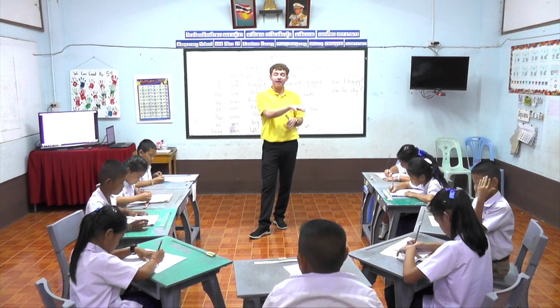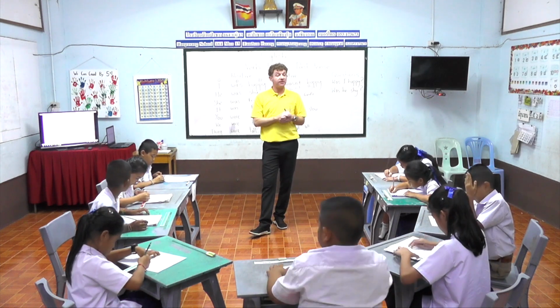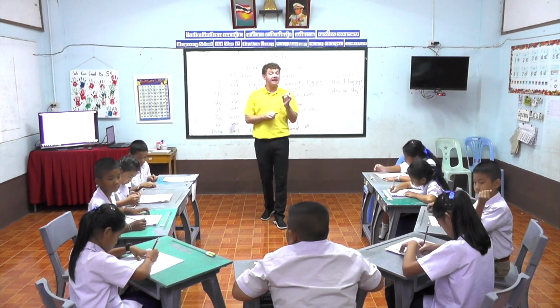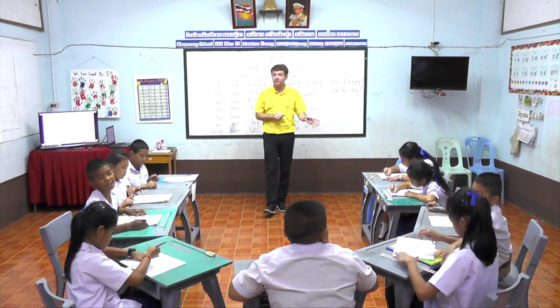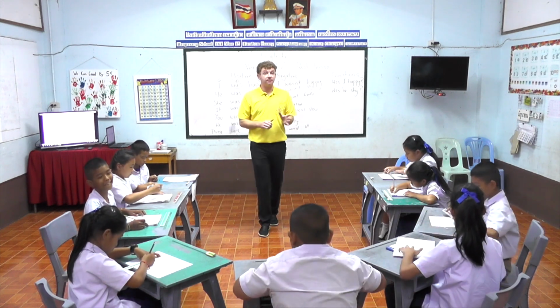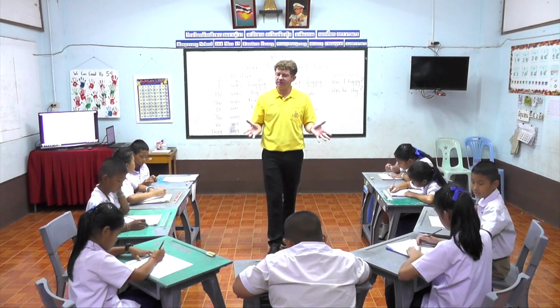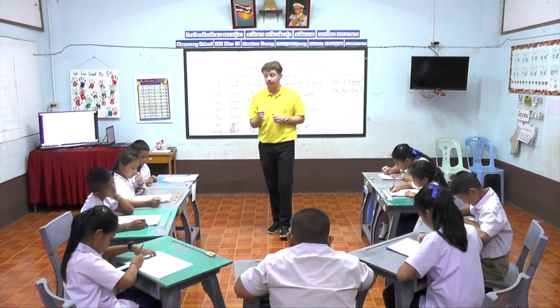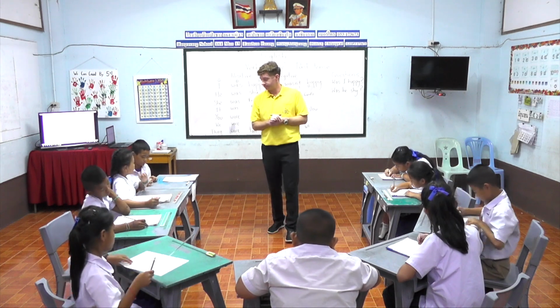He was friendly. And then the negative, what would the negative be? He wasn't friendly. And then the question form, was he friendly? And don't forget, we need our question marks because we're writing the question.